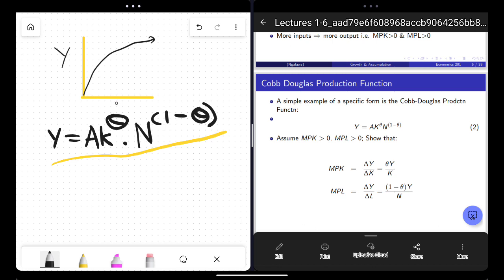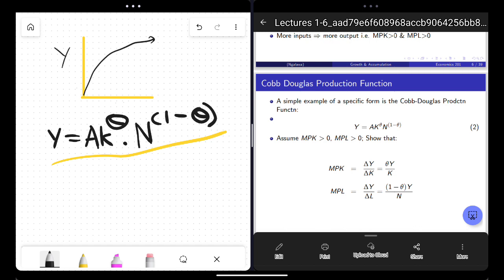Sometimes here will be capital, sometimes labor, most likely capital. But fun fact, it doesn't matter what's written here, because all you want to know is the growth, the Y, the output growth.